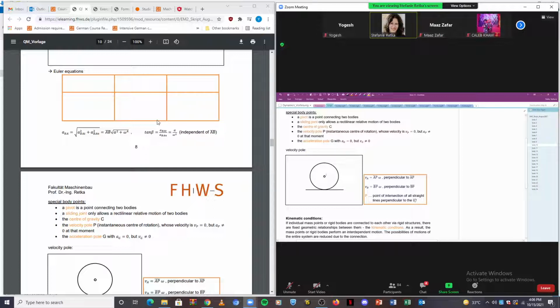It's a cylinder rotating and moving along this surface. So this straight line is the surface, and this is our cylinder rolling along the surface. And then we have a velocity of the center of gravity.